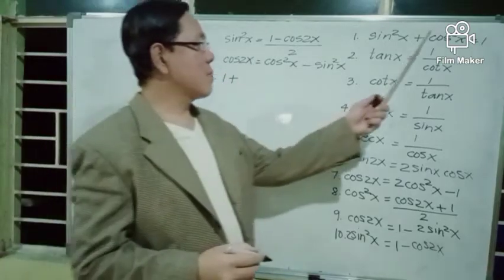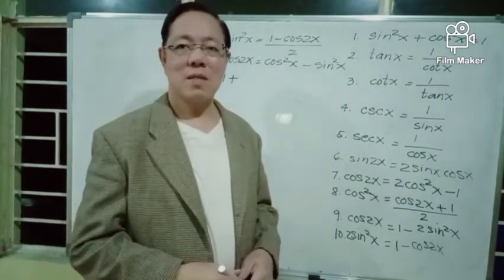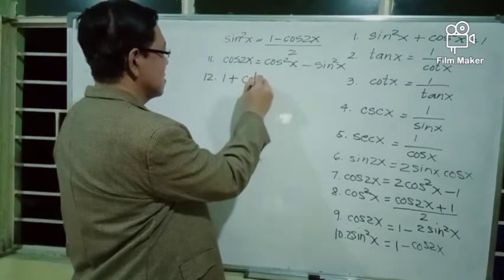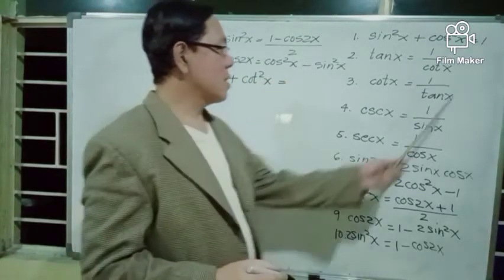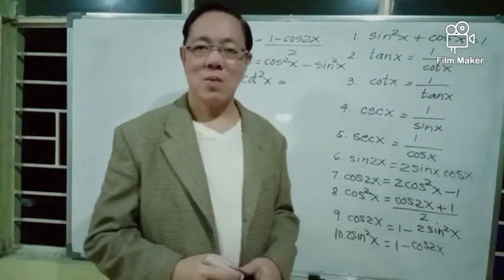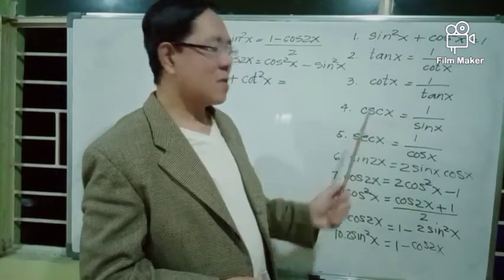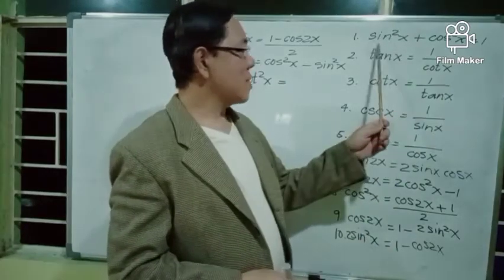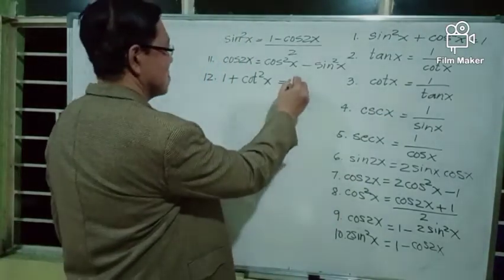Plus, we divide cosine squared x by sine squared x, we get the square of cotangent. And we divide also 1 by sine squared x, and 1 over sine is cosecant x. Therefore, 1 over sine squared x is cosecant squared x.